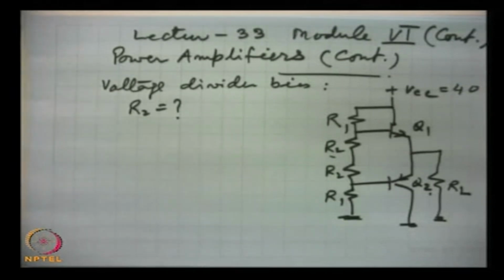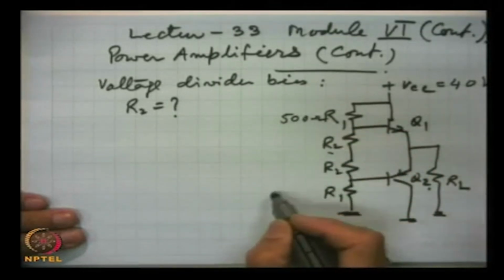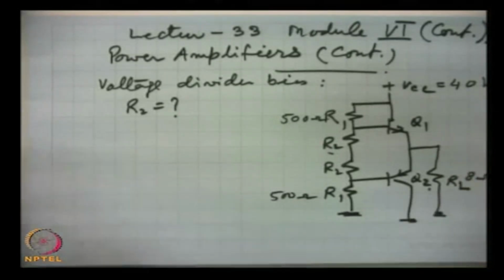No portion of the input signal goes without its representation in the output. So, this is 40 volts, and let this resistance R1 be 500 ohms each, and this load resistance is 8 ohms.